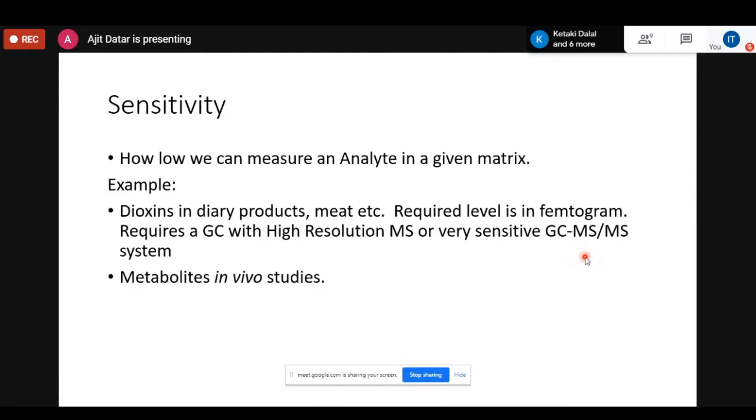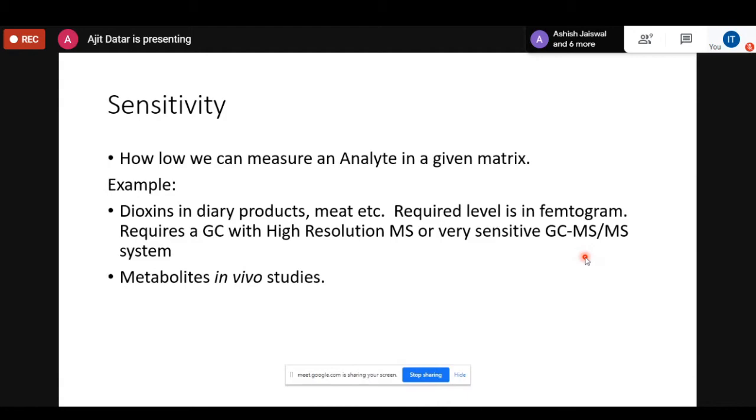So there could be mutation and there could be cancer production because of these dioxins, and they need to be measured in dairy products because they are soluble in fats, and especially milk, then your butter and cheese and all those products, and of course in meat. So they can be measured by GC MSMS at femtogram level. That's the kind of level one has to achieve.